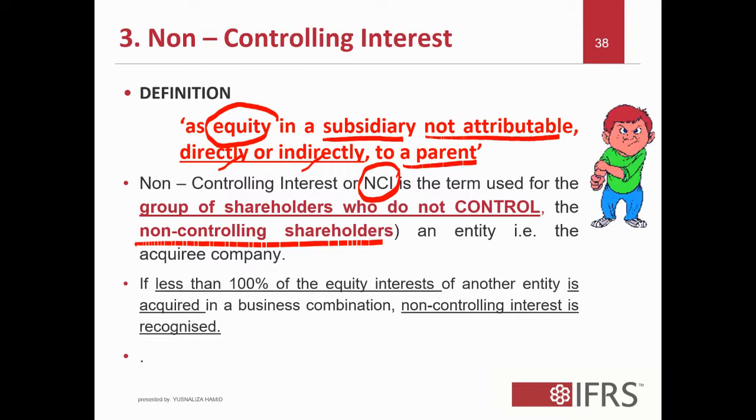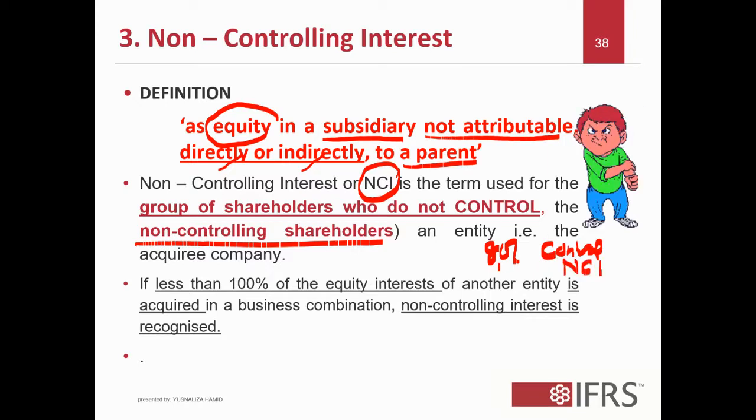However, this only happens if the acquirer acquires less than 100%. Let's say the acquirer acquires 80% of the shares. So if the acquirer has control of 80%, the non-controlling interest would be 20%. So that is what you should understand.